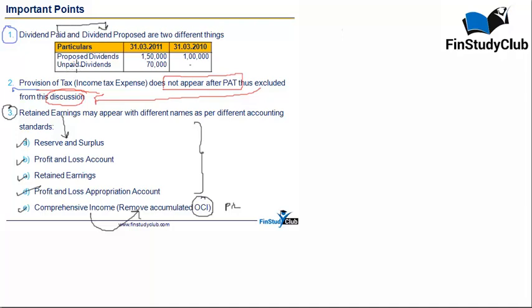Now, obviously, we are going to talk about these in practical examples, but here is a very small portion that I have got for you, which says that the proposed dividend, which is almost like a provision for dividend, is something different than dividend paid. The reason is the time gap between dividend proposal and payment. Let me illustrate.